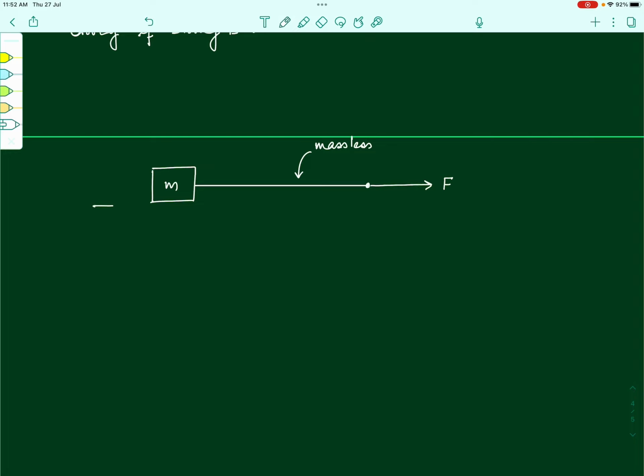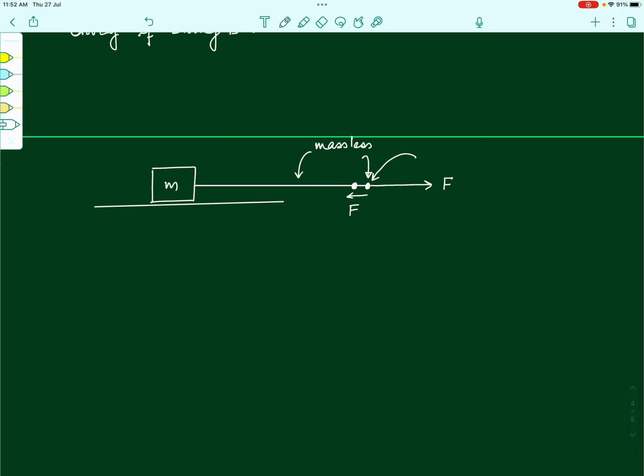Now if we are pulling this string with a force F, do you all understand this pulling force F will be the force that is coming and acting on this very first particle of the string? So it is with the same force that the other particle which is just next to this first particle should be pulling this particle, like the same force should act in the backward direction also, so that the net force on this particle is 0.